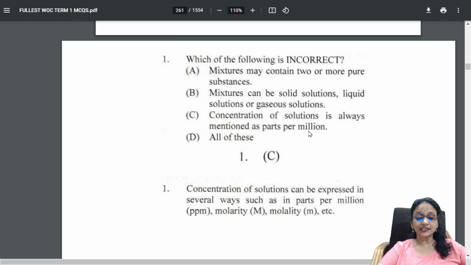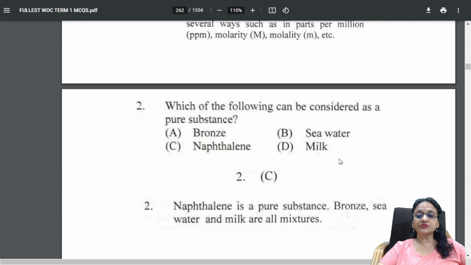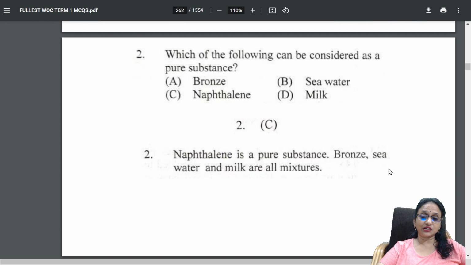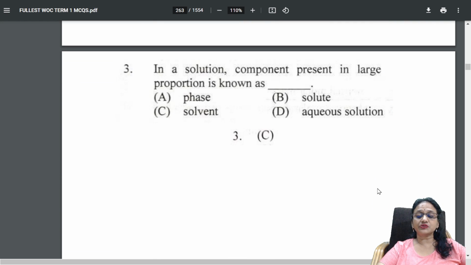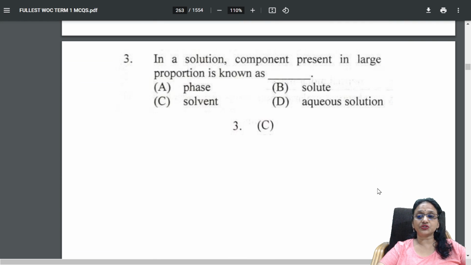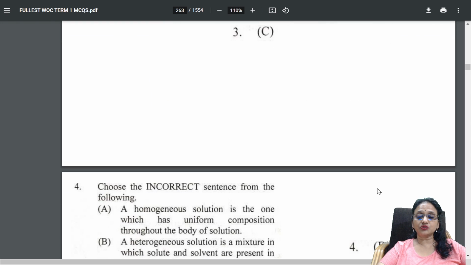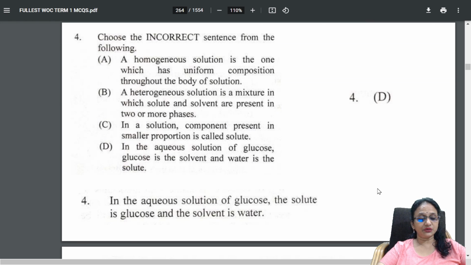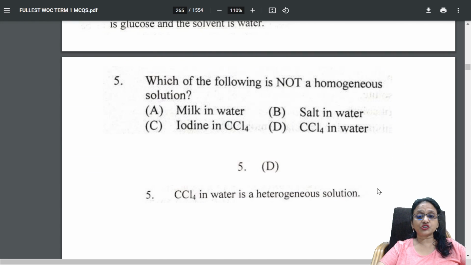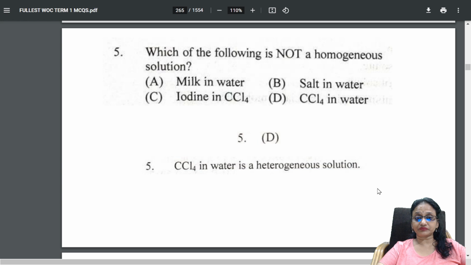So please learn that. I'll be gradually showing you MCQs. Go through the MCQs and please ask me if you have any doubt. The question is given, the answer is also given. So gradually go through each and everything. I'm always there for you all. You can ask me questions. In total, almost 200 plus MCQs are there.